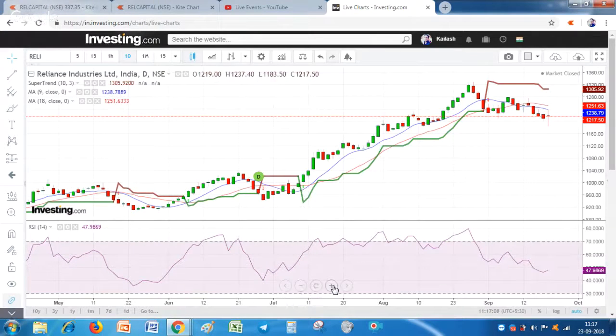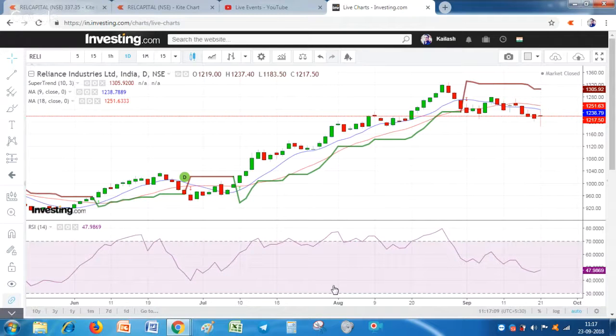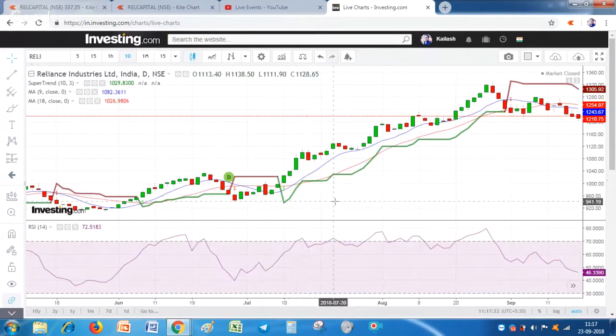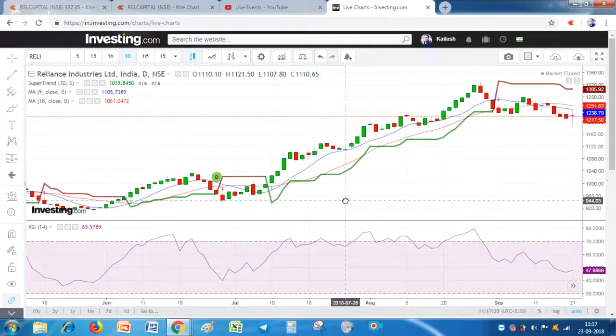When it gives a buy signal, it's an upward arrow, and when there is a sell signal, there is a small downward arrow. Here it has given a sell signal, so there is a small downward red arrow. And when there is a buy signal, there is an upward green arrow. And this line of the super trend is below the chart. So you can make use of this indicator for intraday trading, and also for positional trades.